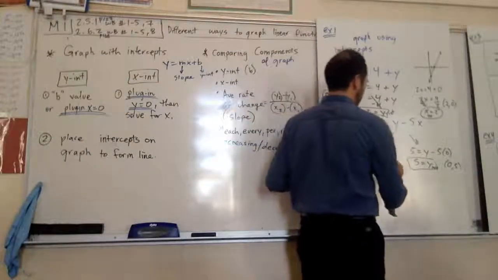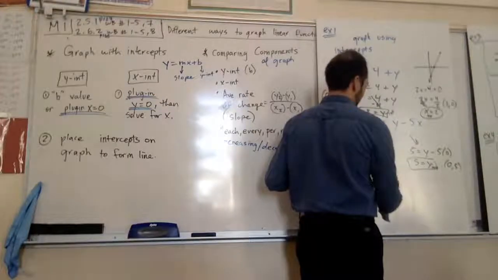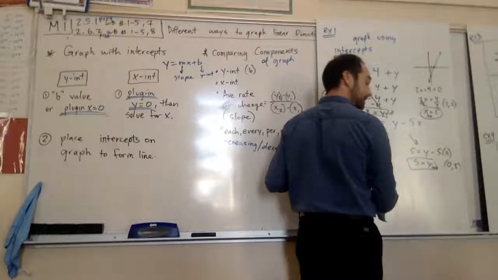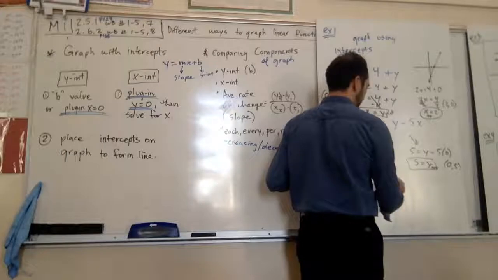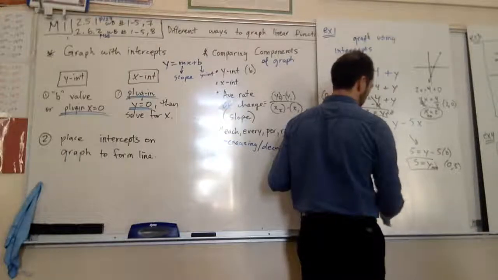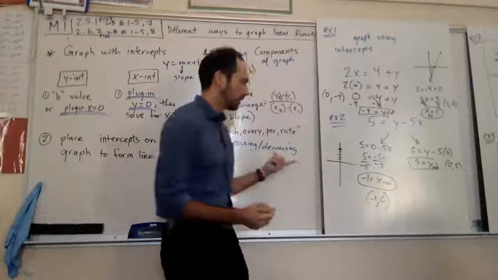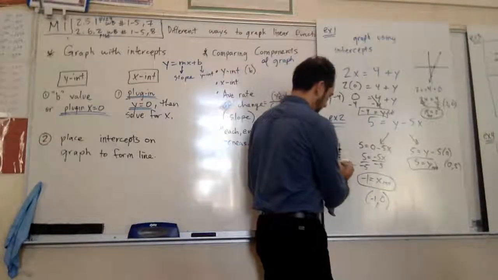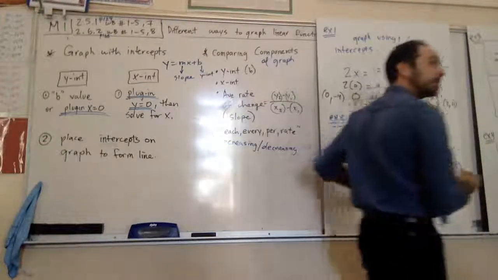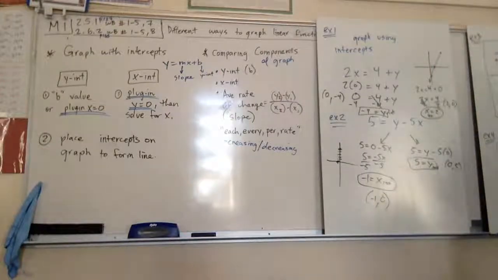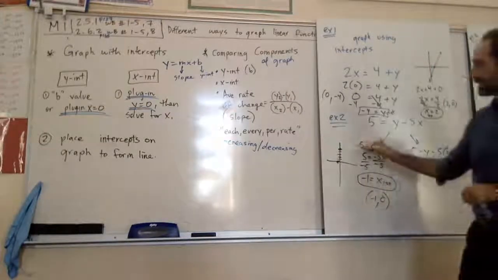Good. Get rid of all of it. Yes. And then you get x equals negative 1. Good. And that's the x-intercept because we're solving it with the intercept. We know that's negative 1, 0. So this is perfect. Here we have it. Go ahead and graph it. Well done.